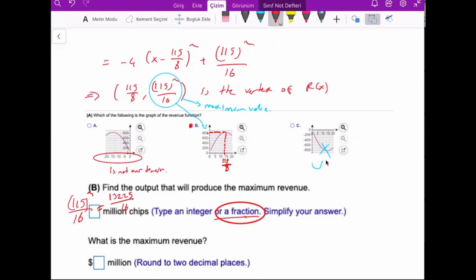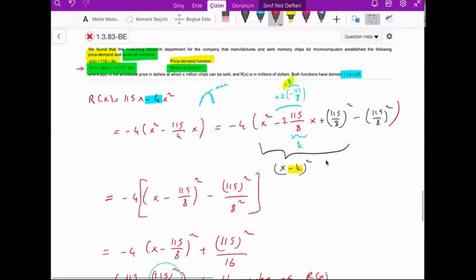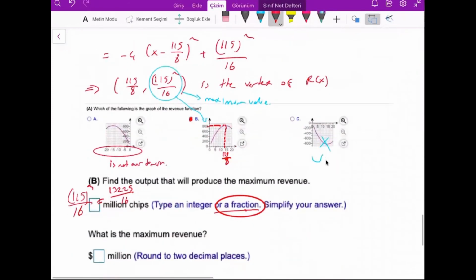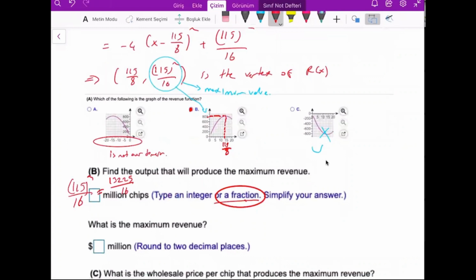What is the output? P represents the price, so X is the output. X is the demand. So the output means to find the output that will produce the maximum revenue.